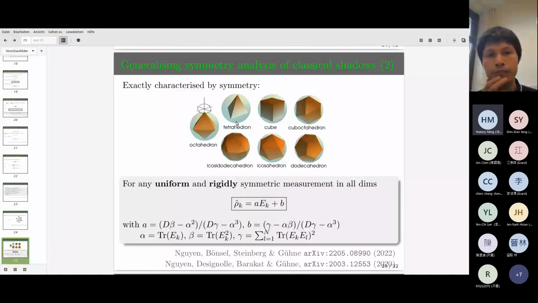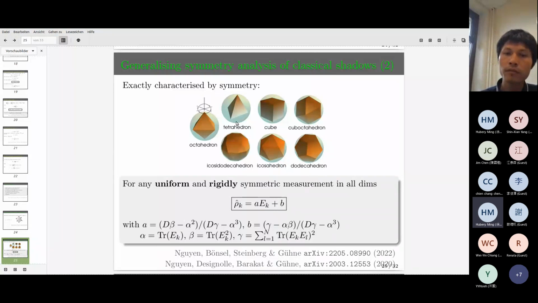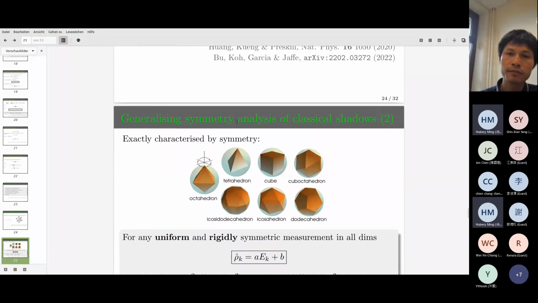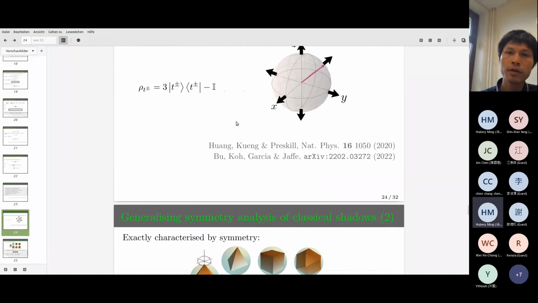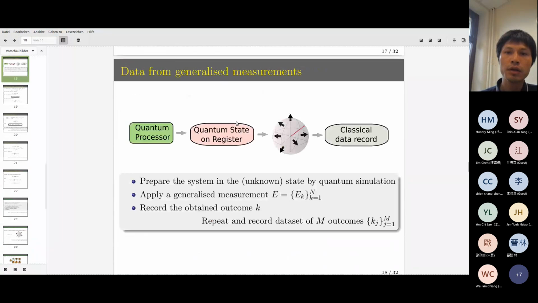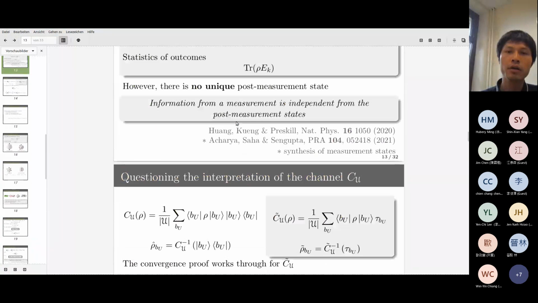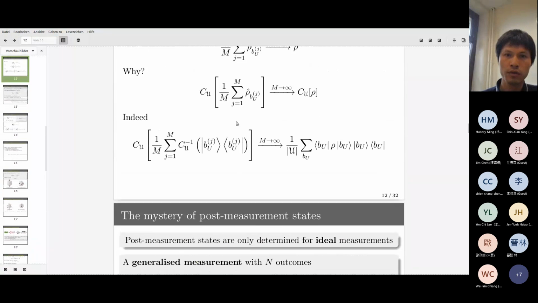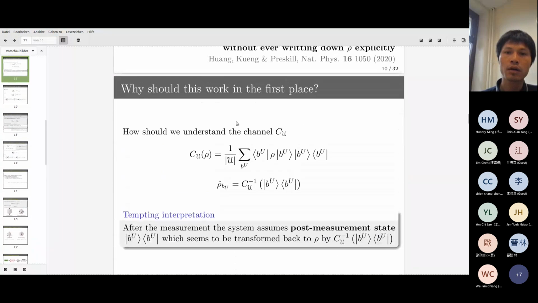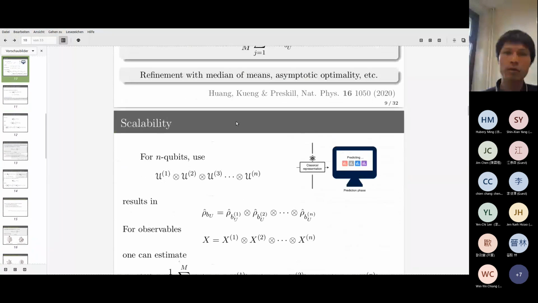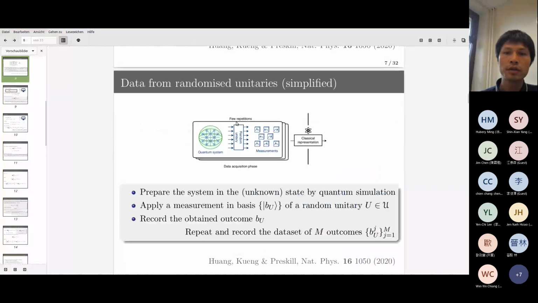Yes, and then for the case of the unitary rotation from the paper of Ximing Huang, how is that possible? Because the rotation is for all directions, right? No, the random unitary depends on the ensemble that you use. For a certain ensemble U, calligraphic, you fix it.